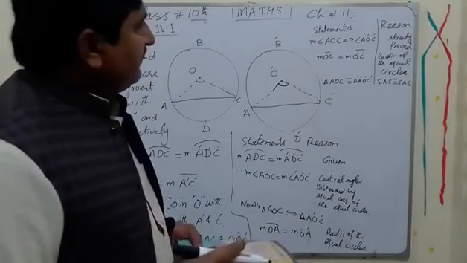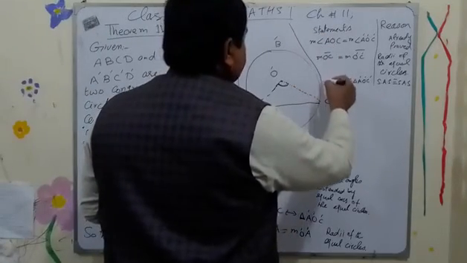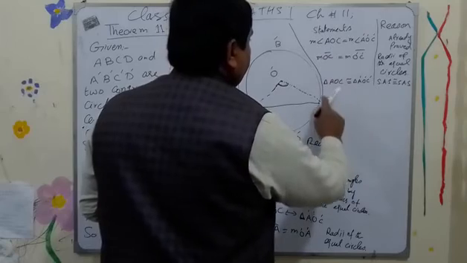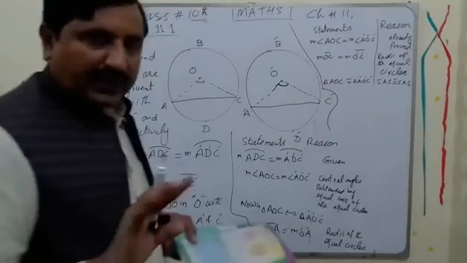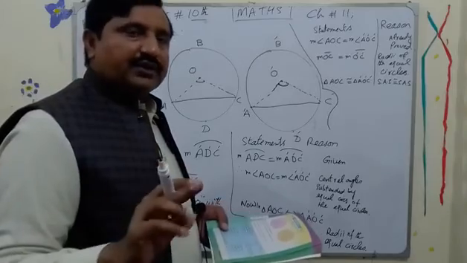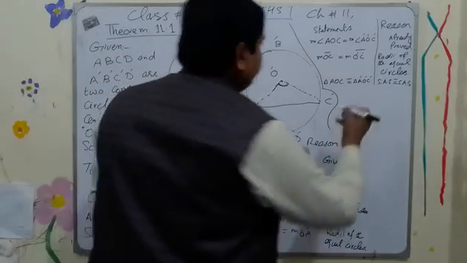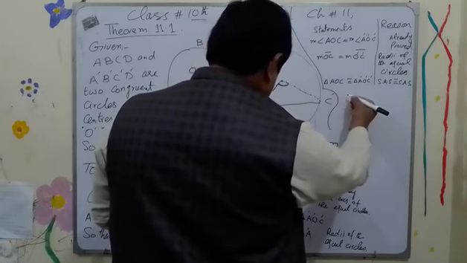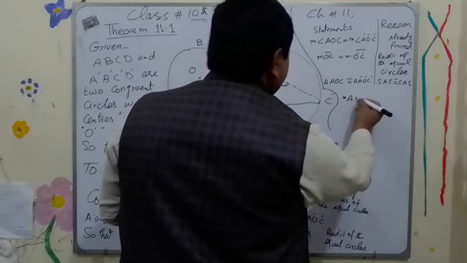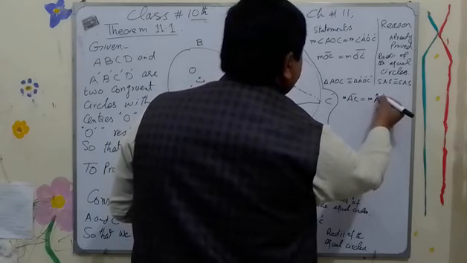So whenever you find that two triangles become congruent, then definitely their corresponding sides and corresponding angles become congruent. So according to this reason, we say measure AC is equal to measure A prime C prime, right?